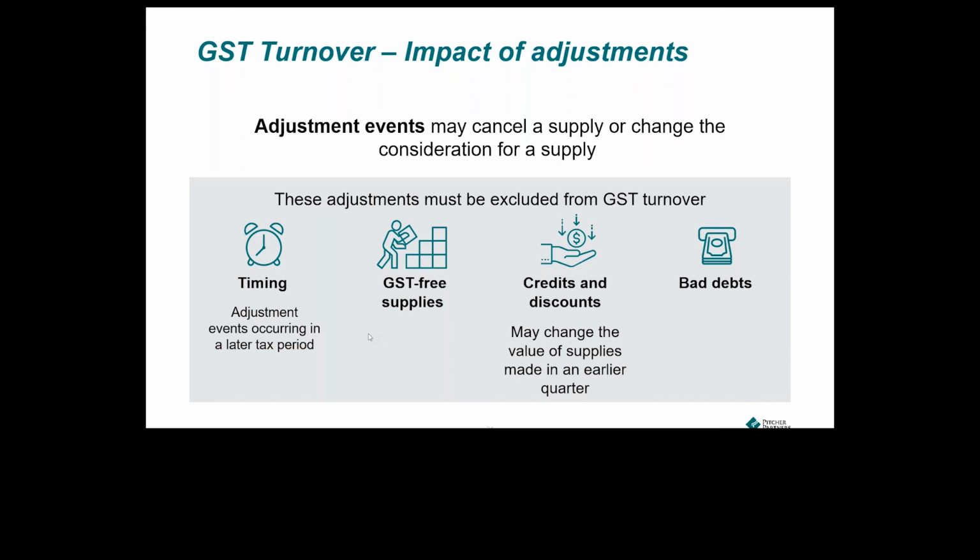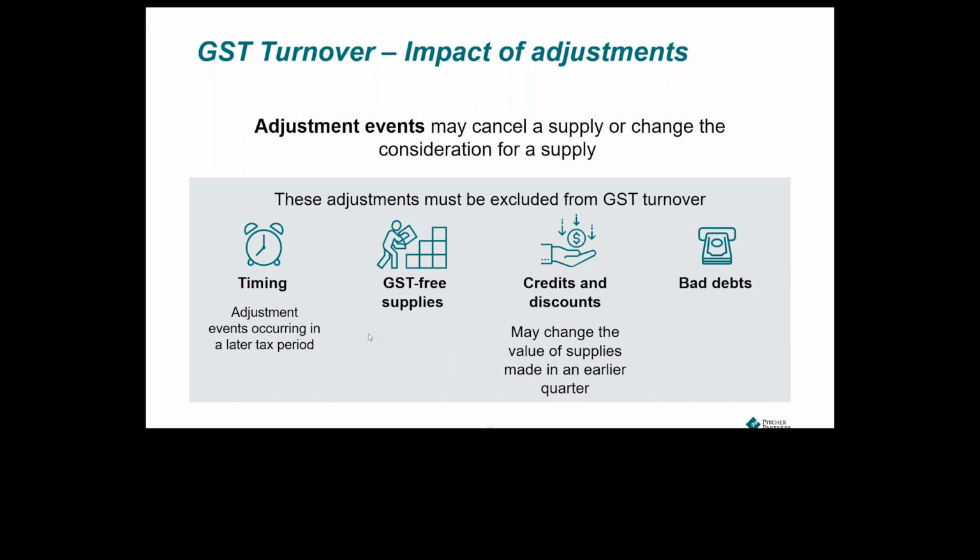So you just need to be aware that there is a special rule that applies for these purposes to adjustments, and it applies where you're adjusting a supply that's been made in a previous quarter. If you're adjusting a supply that's been made in the same quarter, so you issue a credit note in September for a supply that's been made in July, then you don't need to reverse that out because that's all happening in the same quarter.